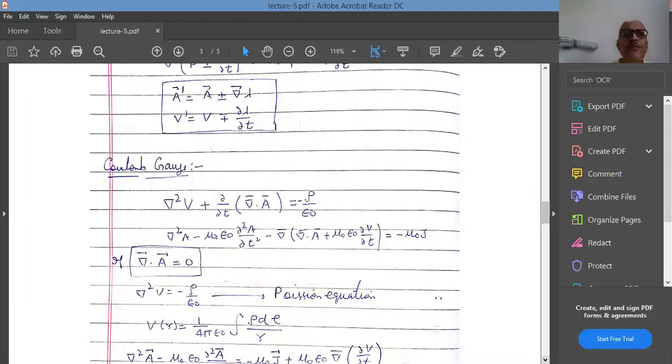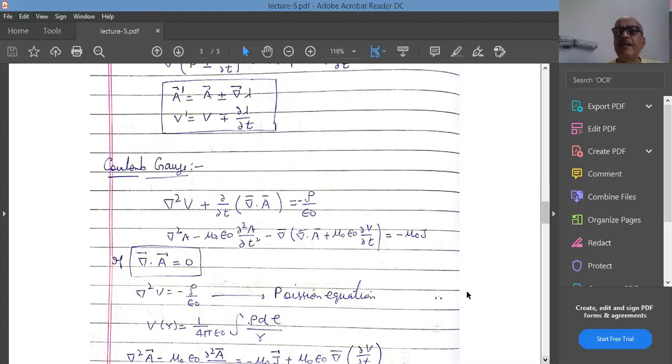0. If you substitute this gauge condition into the equations, the third equation, I am calling this the first and the second, this equation now becomes del square B equal to minus rho upon epsilon 0. That is our well-known Poisson equation.